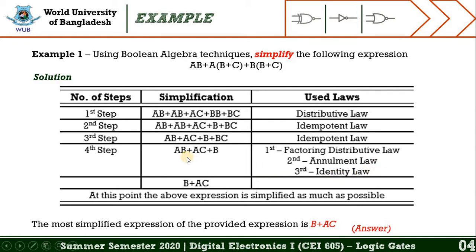Finally, we get the simplified version of the given Boolean expression, which is B or A and C. At the last line of the table, the expression B or A and C is simplified as much as possible. So the most simplified expression is B or A and C. In this way, you can simplify the given Boolean expression.